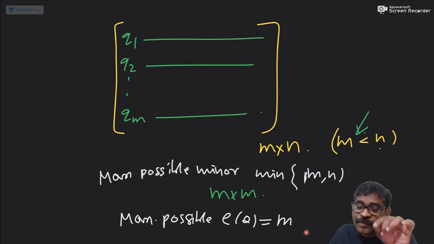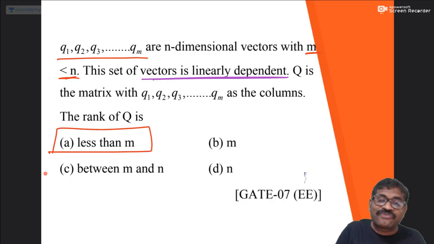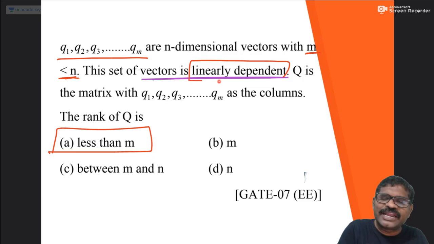Suppose rank is m, then you can say that the maximum possible minor is non-zero, therefore rank is m, therefore all m vectors are linearly independent. But in the data it is given that the set of vectors is linearly dependent.